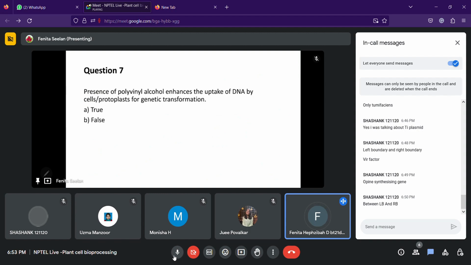So we have a few more questions only. Presence of polyvinyl alcohol enhances the uptake of DNA by cells or protoplasts for genetic transformation.